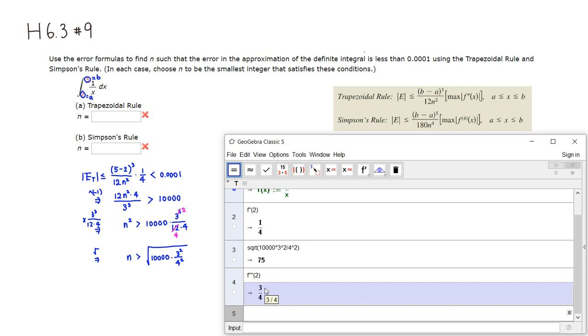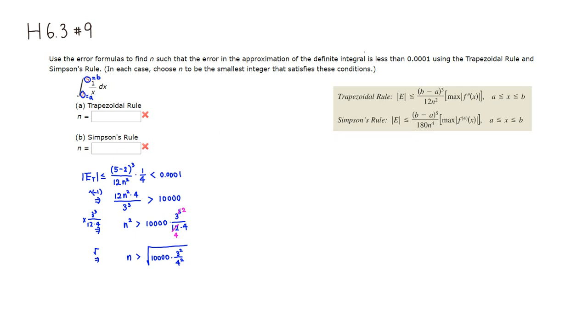We're going to do a very similar thing. You have the error bound for Simpson's rule. b minus a is 3, so you have 3 to the 5th power over 180 n to the 4th power.